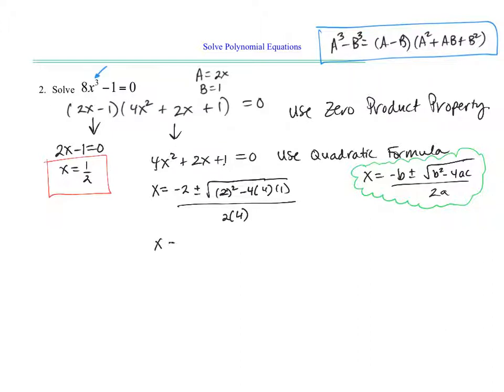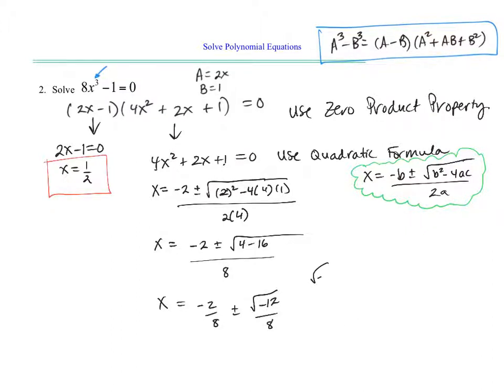And then that simplifies to negative 2, plus or minus the square root of 4 minus 16, all over 8, and so then I would get x equals negative 2/8 plus or minus the square root of negative 12 all over 8.